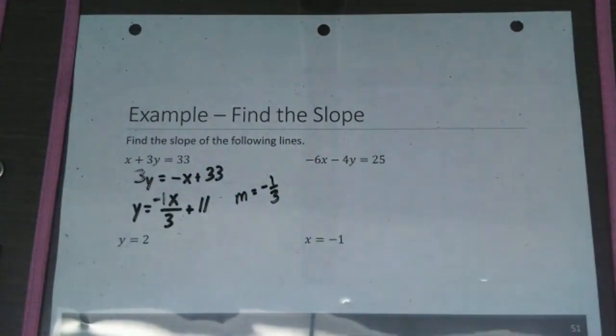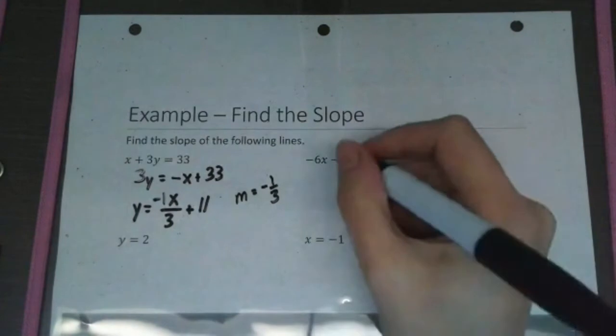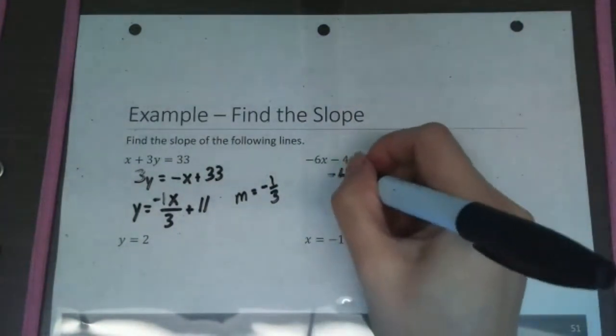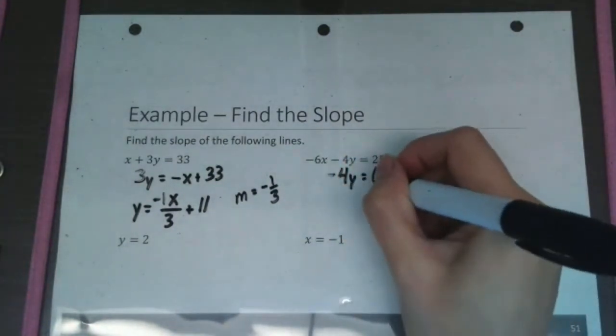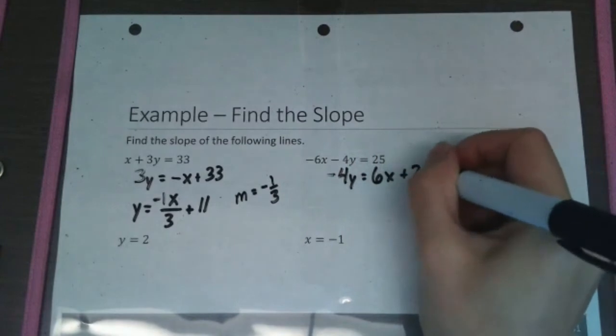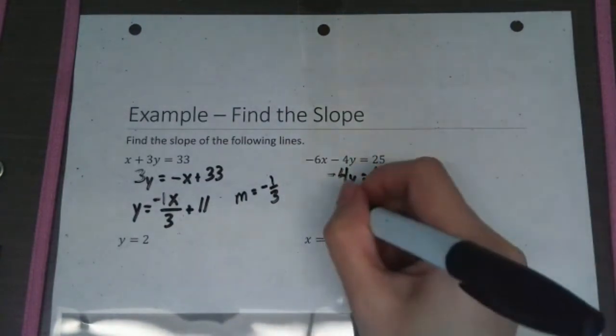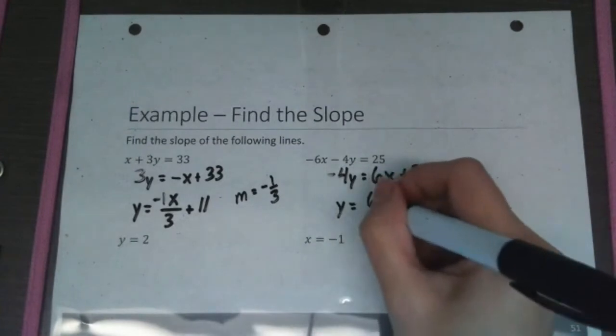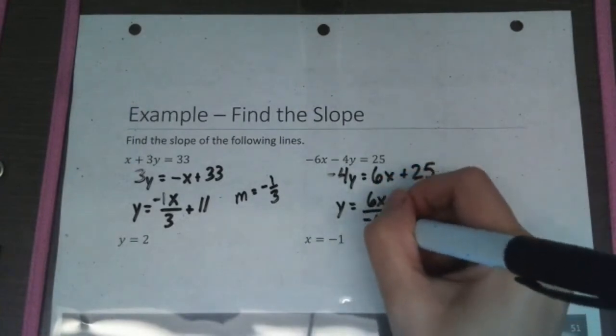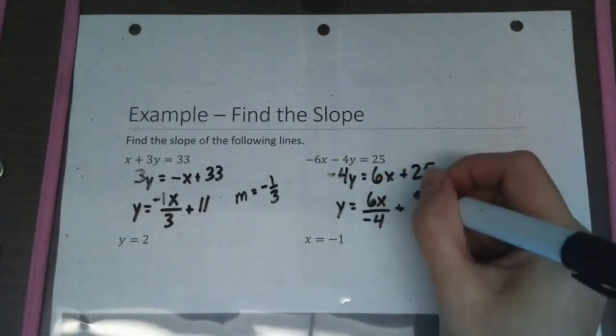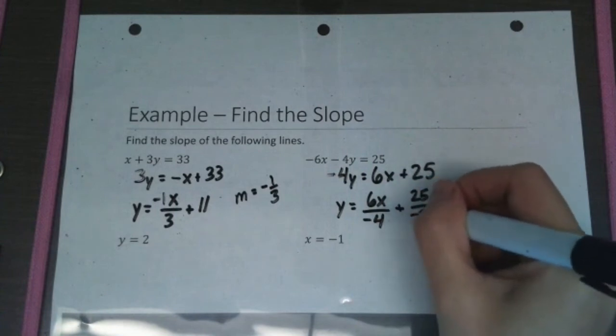Moving to the right, we have negative 6x minus 4y equals 25. I'll start by adding 6x to both sides, and we will have negative 4y is equal to 6x plus 25. Then if I divide both sides by negative 4, we will have y is equal to 6x divided by negative 4 plus 25 over negative 4.